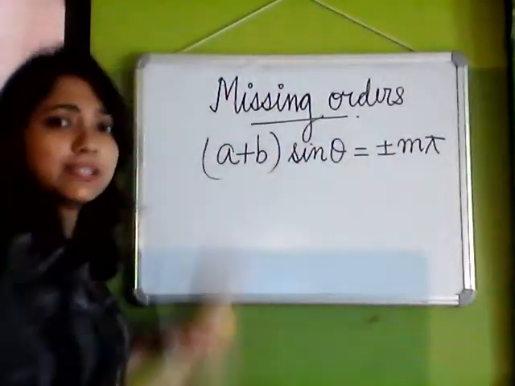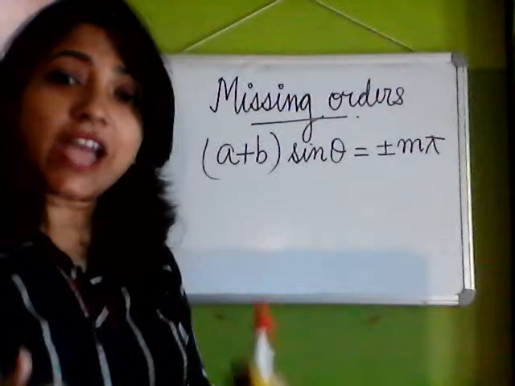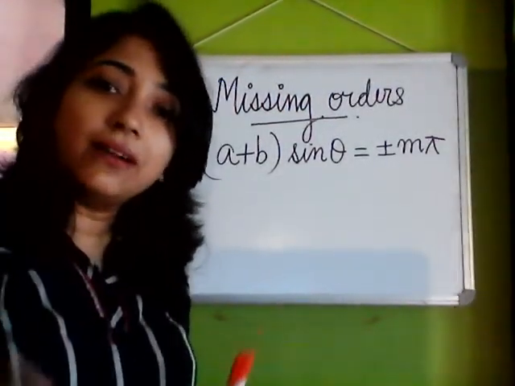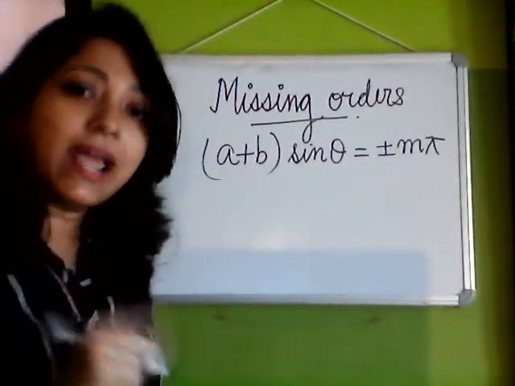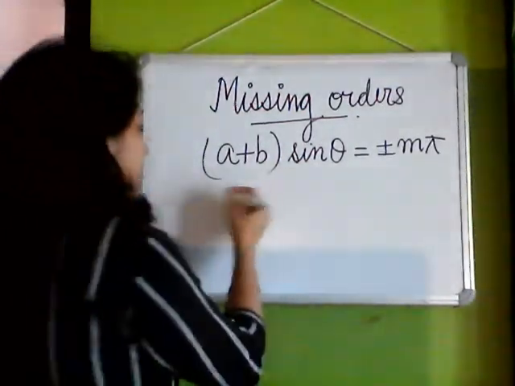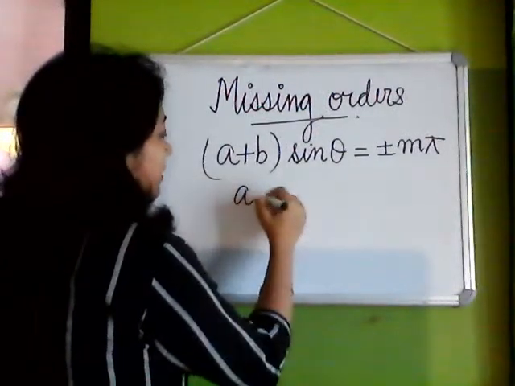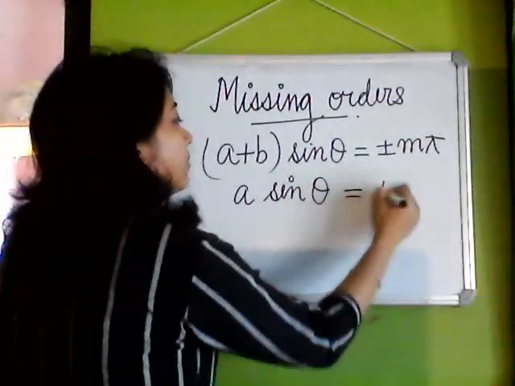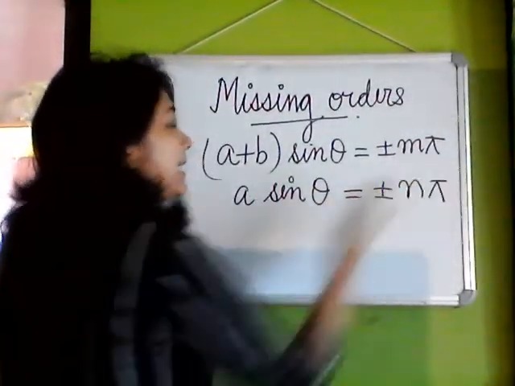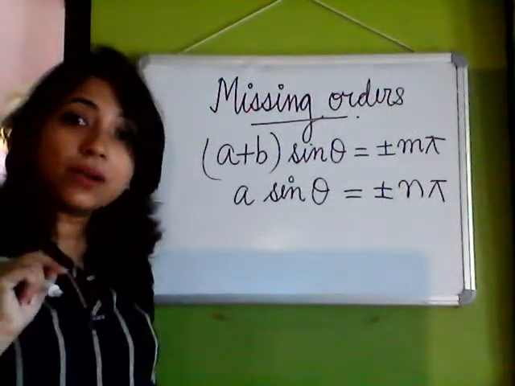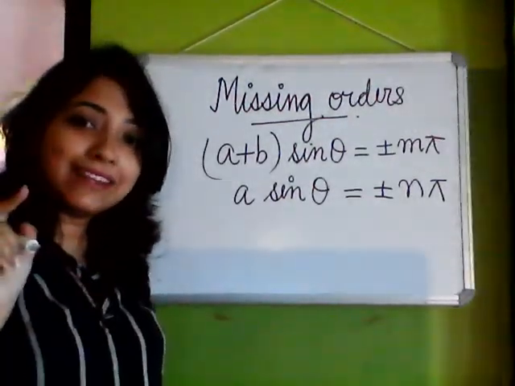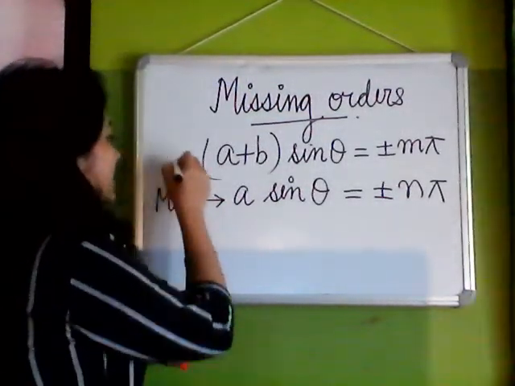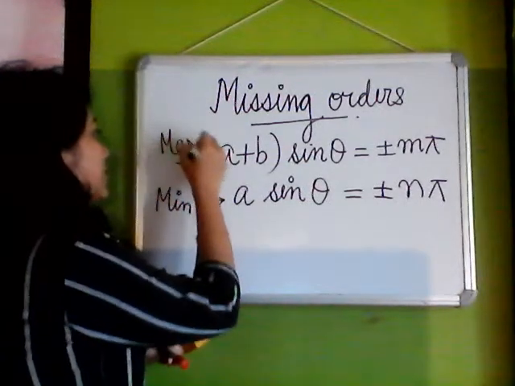This is the equation as per which I can calculate where I am going to get the maximas. However, as per my diffraction, I know that a sine theta is equal to plus minus n pi is the condition for minima, which means there will be no light intensity found there. So this is the minima condition, whereas this is giving us the maxima condition.